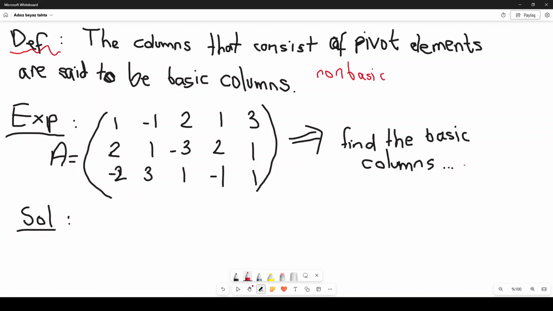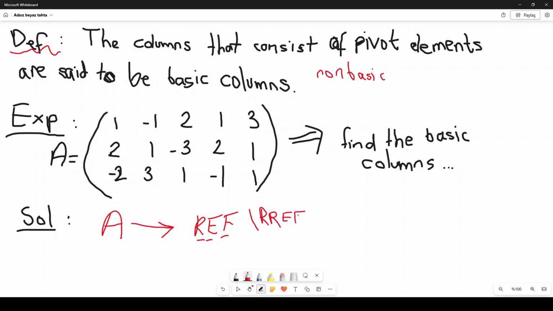The way to do so, in other words, in order to find the basic columns of a given arbitrary matrix of size n by n, we need to first reduce our matrix to either row echelon form, in short REF in capital letters, which means row echelon form, or reduced row echelon form.